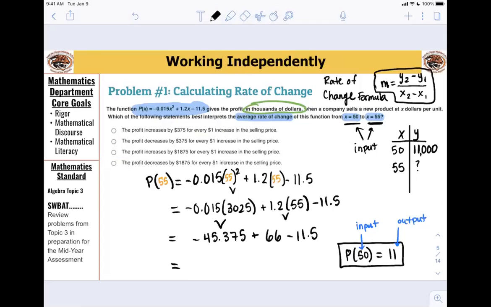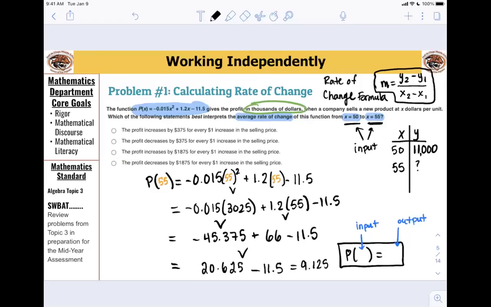Cool, and now 45.375 plus 66. 20.625. 20.625 minus 11.5. 9.125.